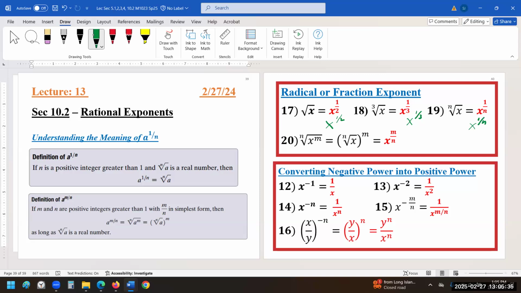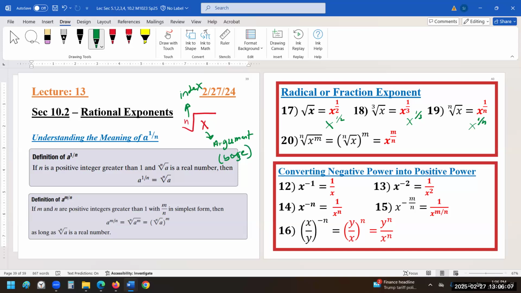So I actually forgot to tell you. So nth root of x. This nth is called index. And this one is called argument or base.